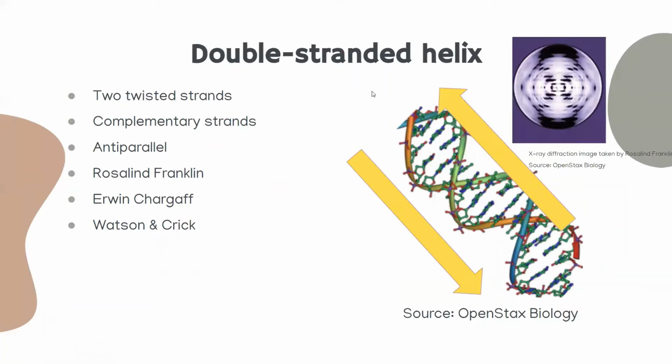Also, one important thing about DNA is its structure. DNA is said to be a double-stranded helix. So a double-stranded helix is basically two strands twisted together. As you can see, there are two strands, and then it's twisted into a helix structure. So why does it form two strands?